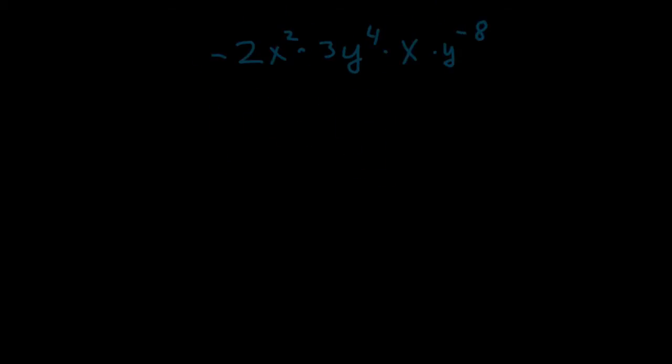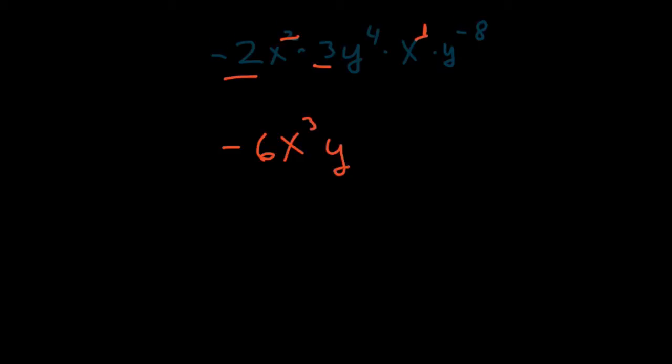Okay, so in this problem, multiplying coefficients, the coefficients are -2 and 3, so we'll have -6. For x, here it's x to the 1, so adding the x exponents, 2 plus 1 is 3.